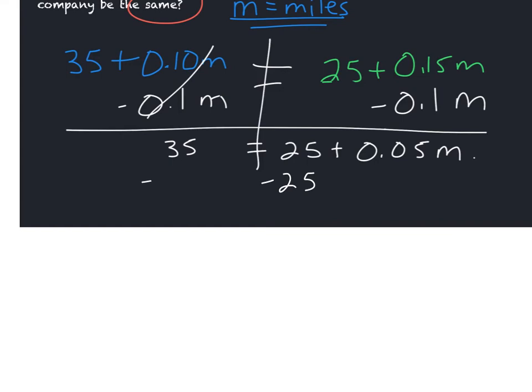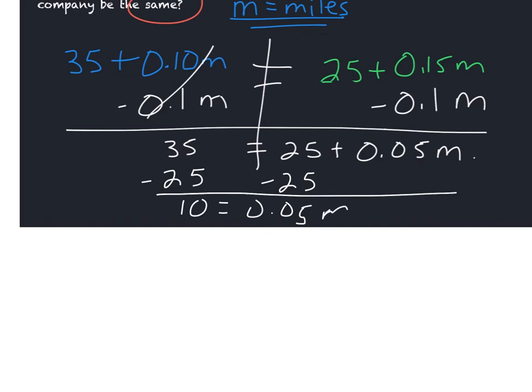We'd subtract by 25, and we would be left with 10 equals 0.05 times M.